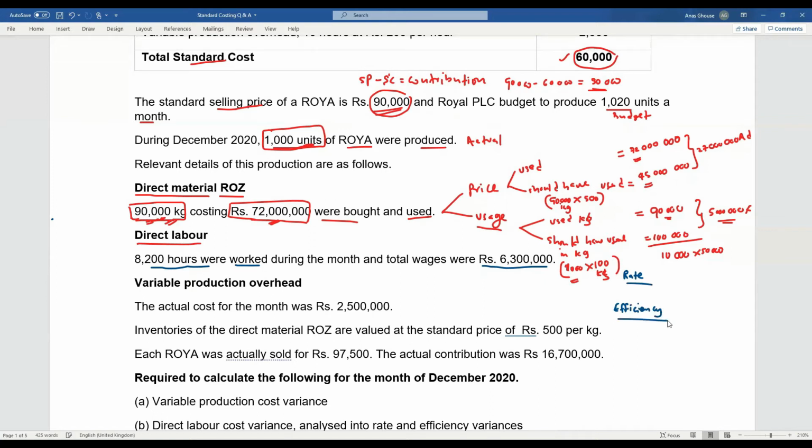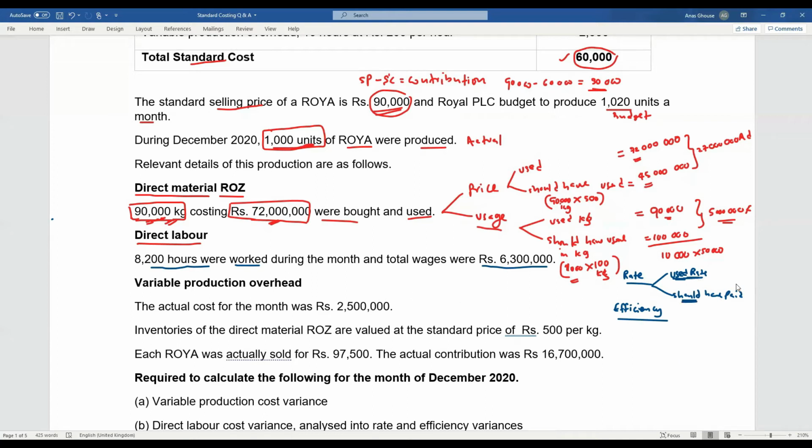For the rate variance, we compare how much we have paid, in terms of the rate, and how much we should have paid. So this is what we need to compare.